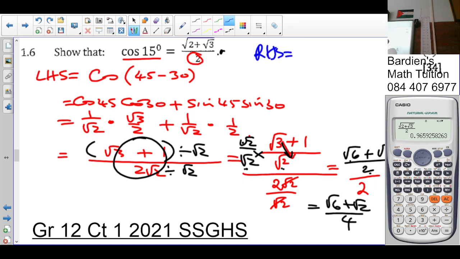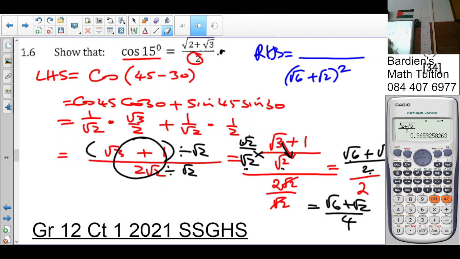RHS is going to be, so this can be written as the root of 6 plus the root of 2 squared. I'm messing it up again. Okay.